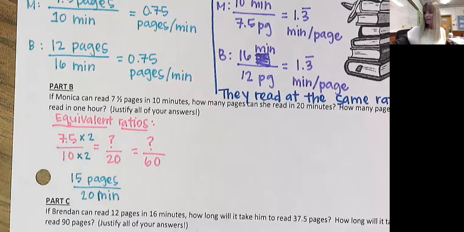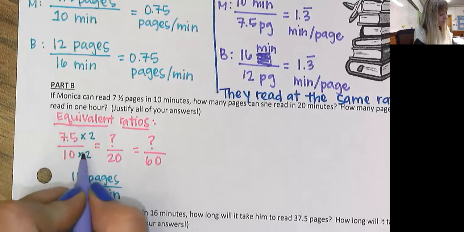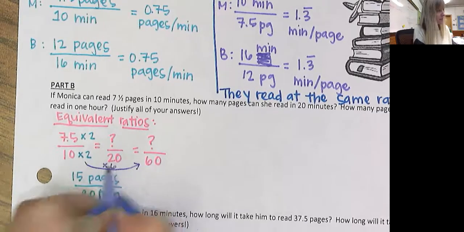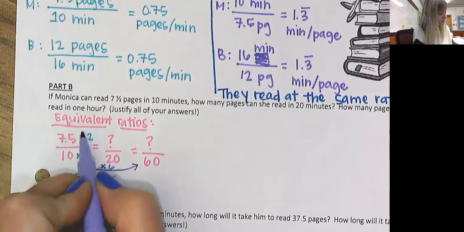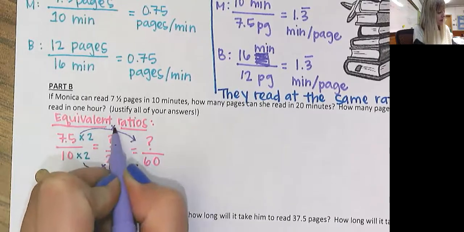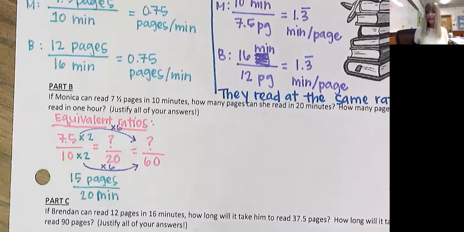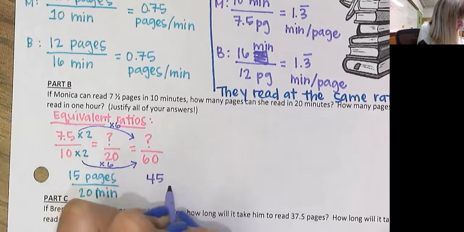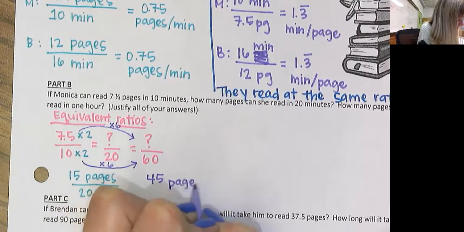And then they realized that to get from this ratio to this one, instead of timesing by 2, we can times by 6, and get another equivalent ratio that is 7.5 times 6, which is 45. So I could do 45 pages in 60 minutes.